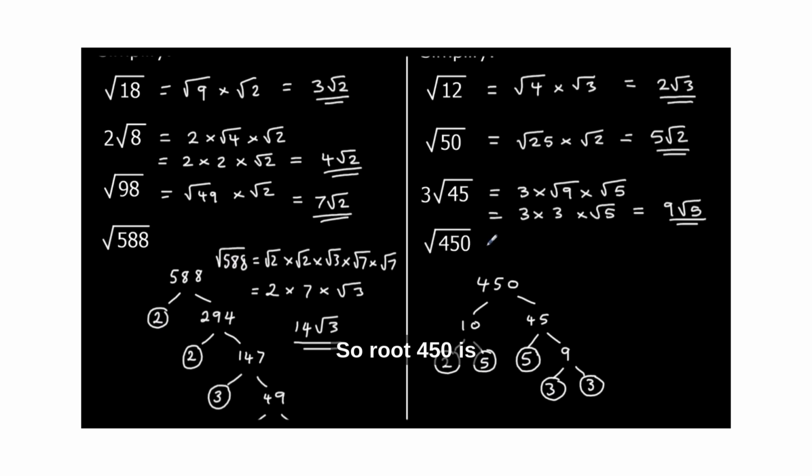So root 450 is equal to root 2 times root 3 times root 3 times root 5 times root 5.